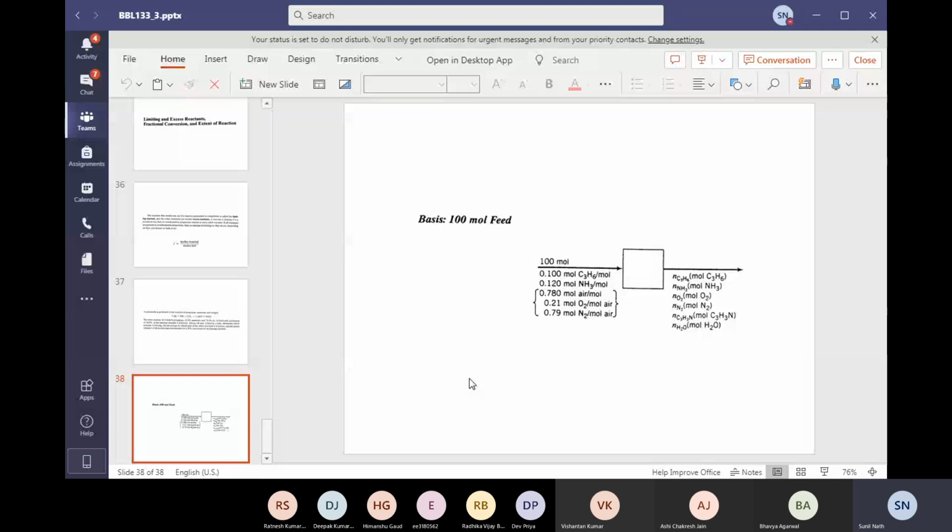So please take down, I will compile the definition. If you base it on overall material balance, then the yield based on the overall feed is moles of the desired product produced per mole of limiting reactant fed to the composite system.